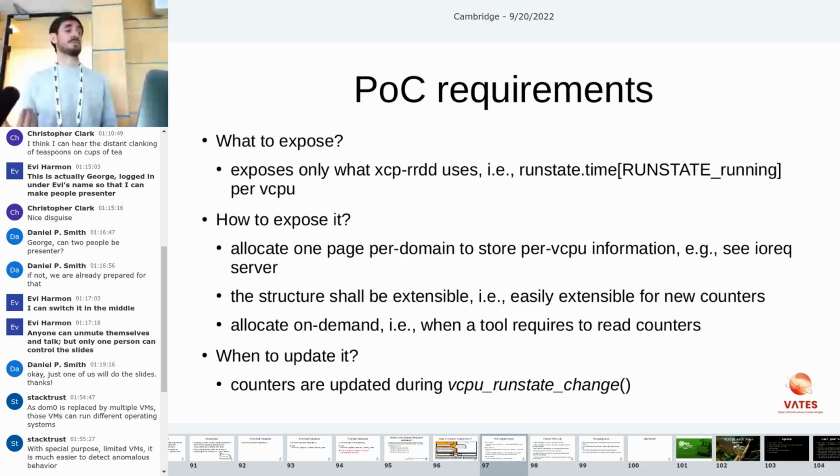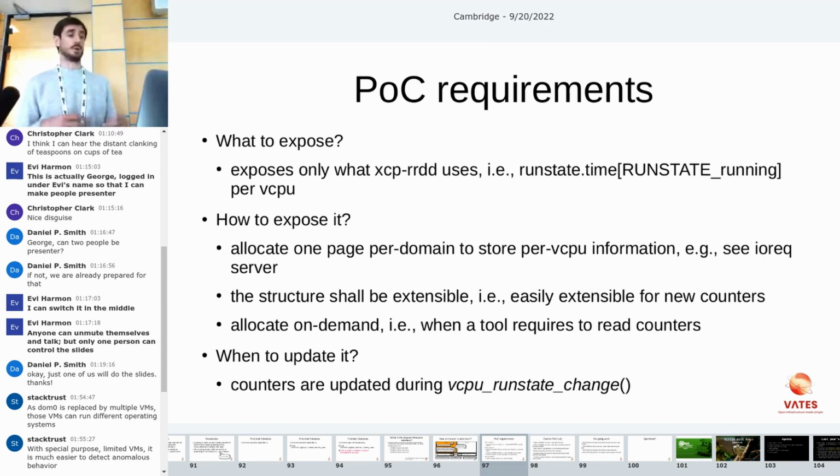So we have some sort of minimal requirement for the proof of concept that we wanted to do. What we said is, let's just expose what is required for xcp-rrdd for the moment. Maybe there will be other counters in the future, but let's just focus on this. Then the second question was how to expose it. I had several interesting discussions on the Xen-devel mailing list, because my first option was not really good.